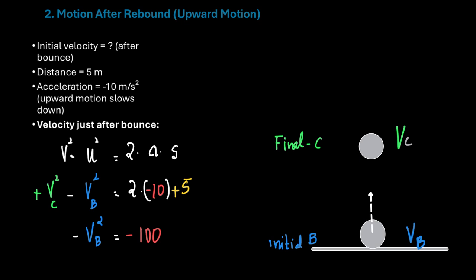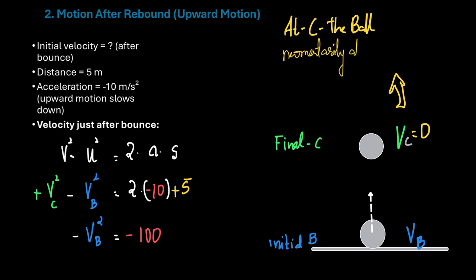What is VC? Very important. See, VC is equal to 0. But it's not dropped from VC. Why should VC be equal to 0? Because at C, the ball is momentarily at rest.